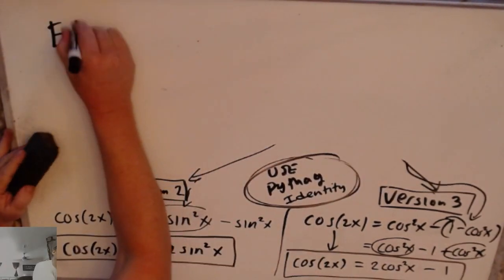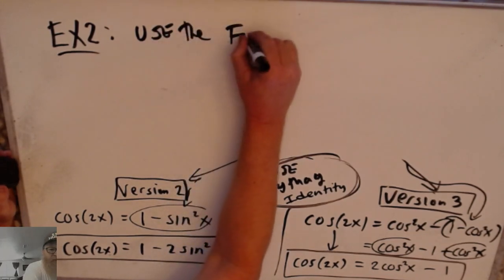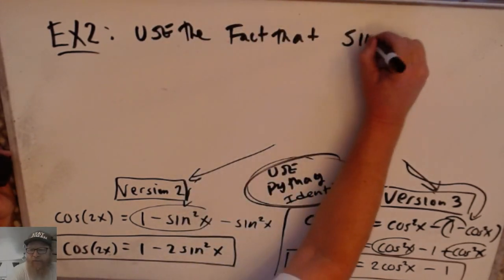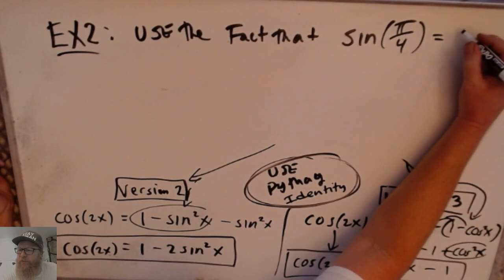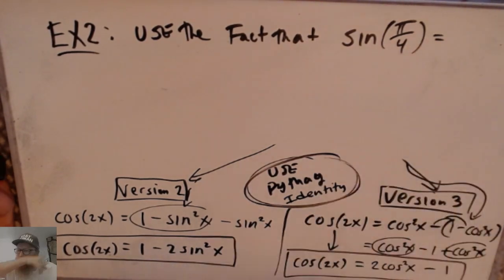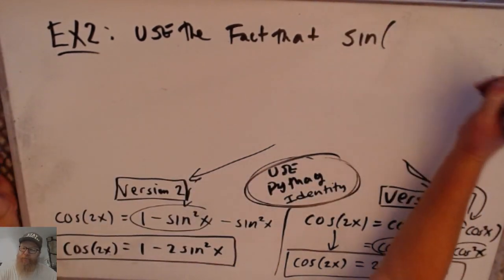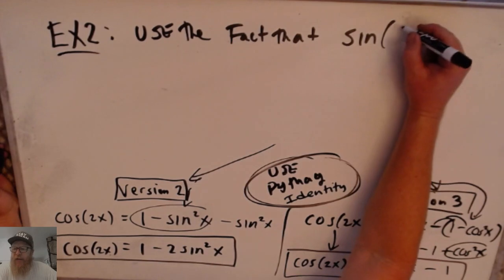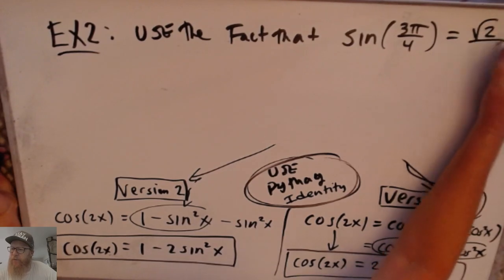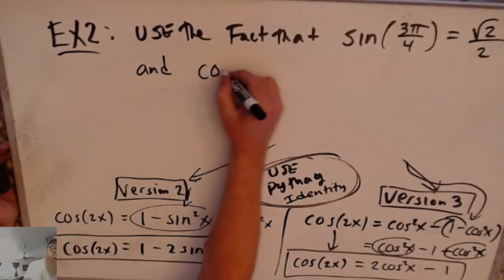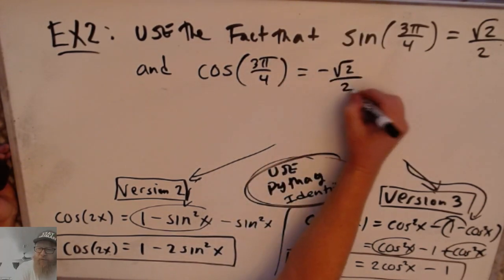All right, so let's try one. Use the fact that sine of 3 pi over 4 is radical 2 over 2, and cosine of 3 pi over 4 is negative radical 2 over 2.